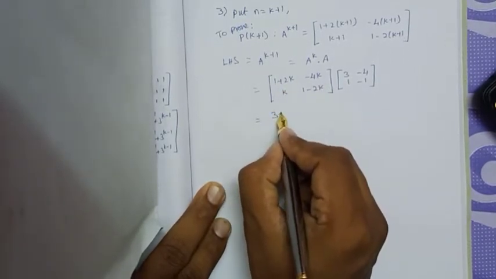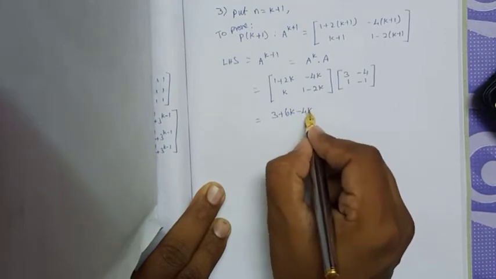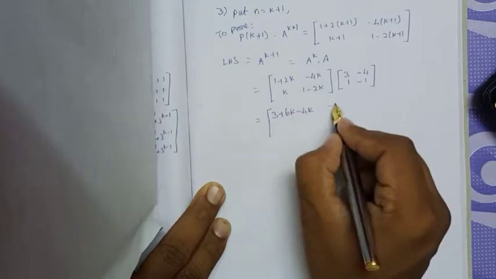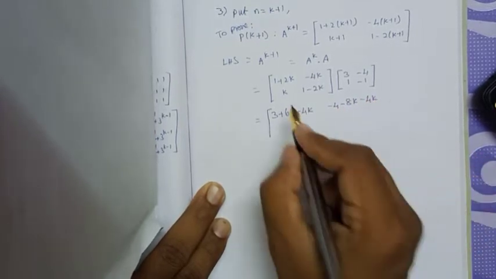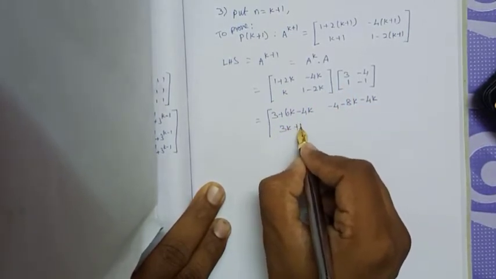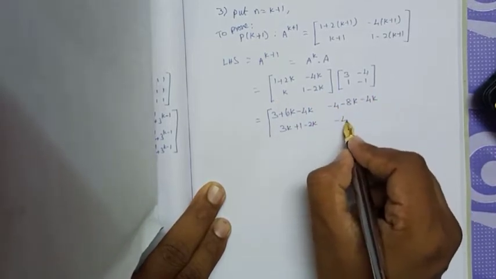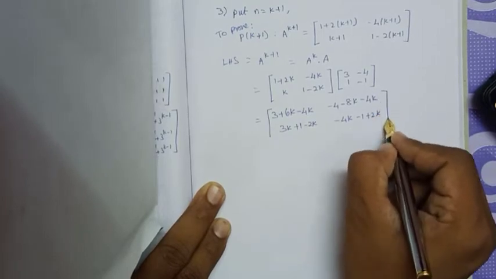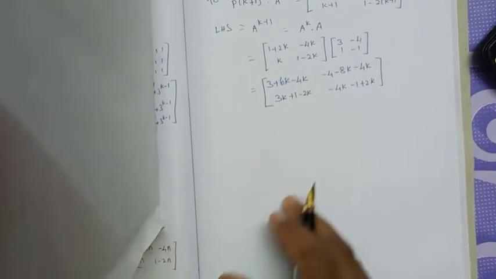We get 3 plus 6k, and minus 4k into 1 we get minus 4k. First row second column: minus 4 minus 8k minus 4k. Next, second row first column we get 3k plus 1 minus 2k, and second row second column we get minus 4k minus 1 plus 2k. We complete the matrix multiplication and calculate this.